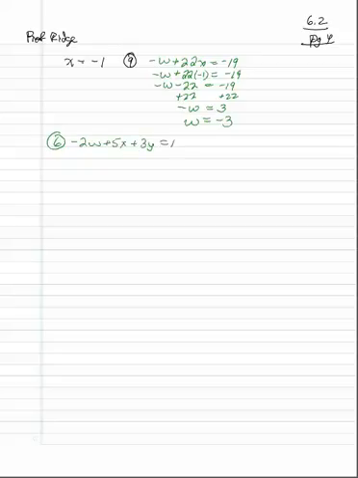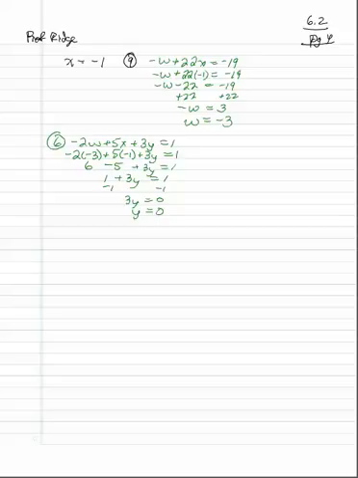We're going to plug in the w, which is negative 3, and the x, which is negative 1, and solve for another variable, y. So we get 6 minus 5 plus 3y equals 1, which is 1 plus 3y equals 1. Subtract 1, so 3y equals 0, y equals 0.